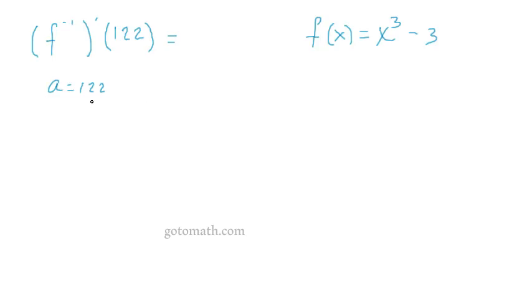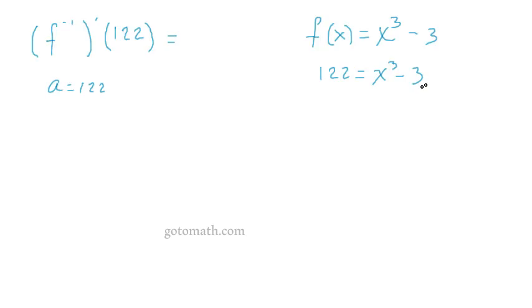This is how this works, mechanics-wise. Just take the 122, set this equal to 122, and we're not going to do this algebraically. There are reasons for that, because this is going to get really nasty and you're not going to be able to solve for x. Or let's say you can't.